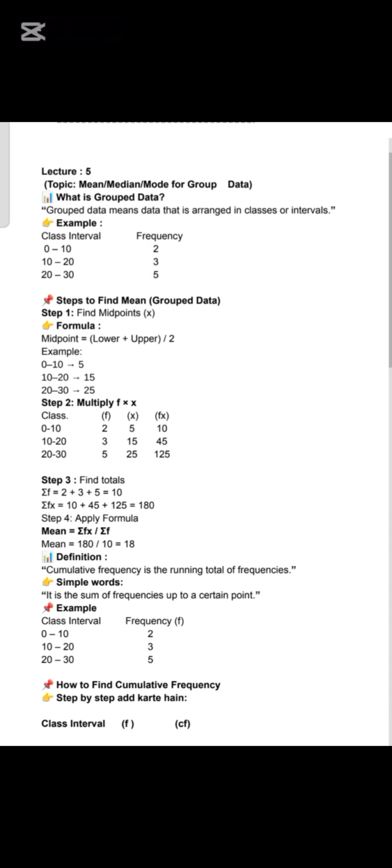So now move to the next topic, steps to find the mean for grouped data. First of all, we find midpoints. Midpoints are denoted by small x, and the formula is that midpoint is equal to lower plus upper divided by 2. We can see the example.